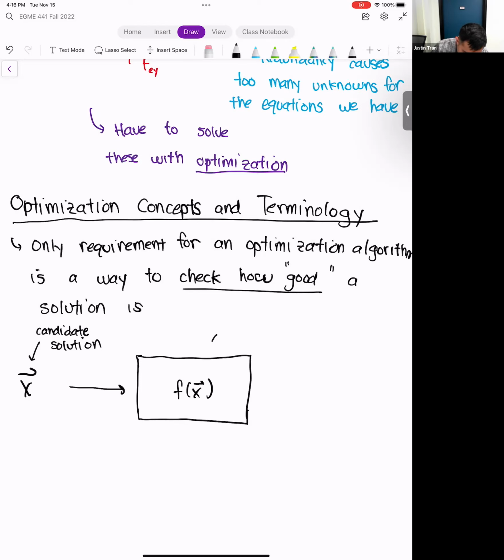This checks how good the solution is, and we'll call that some function f of x. I'm giving it a mathematical form here, but again, it doesn't have to be a function. It could be just intuition.